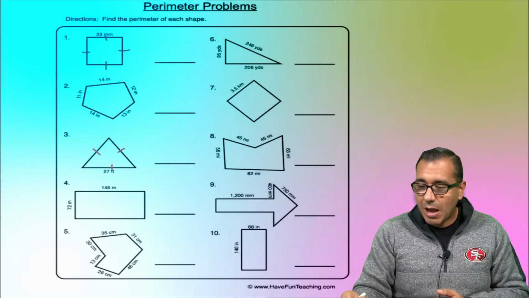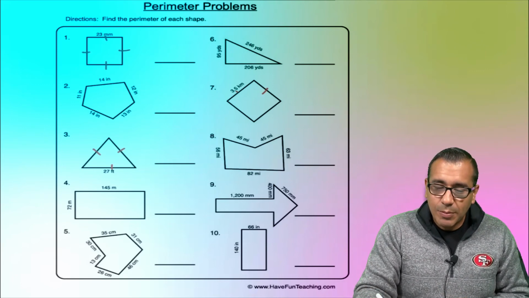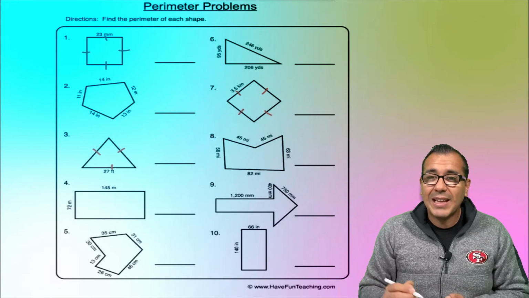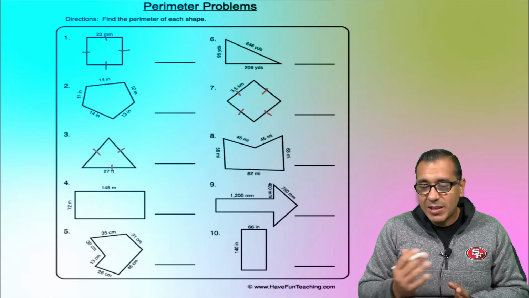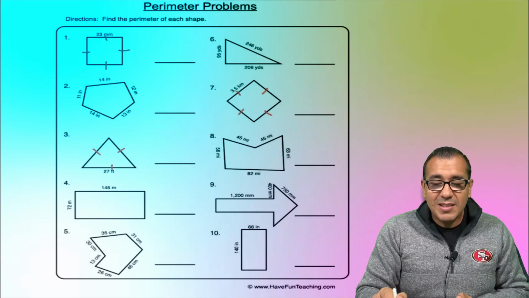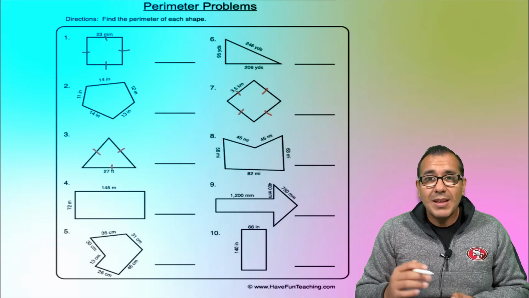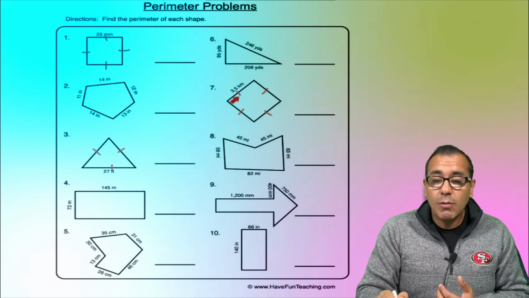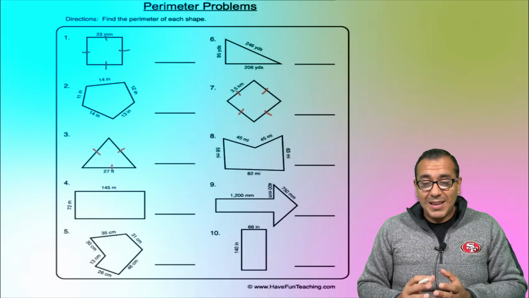So all we're doing is helping our friends out over there, and we're helping you out in case you ever run across a worksheet like this. So always make sure, right? Ask your teacher or whoever it is you're working with, did you mean for all these distances to be the same? And if so, they have to tell you that by making these markings. So we just want to give you a heads up.